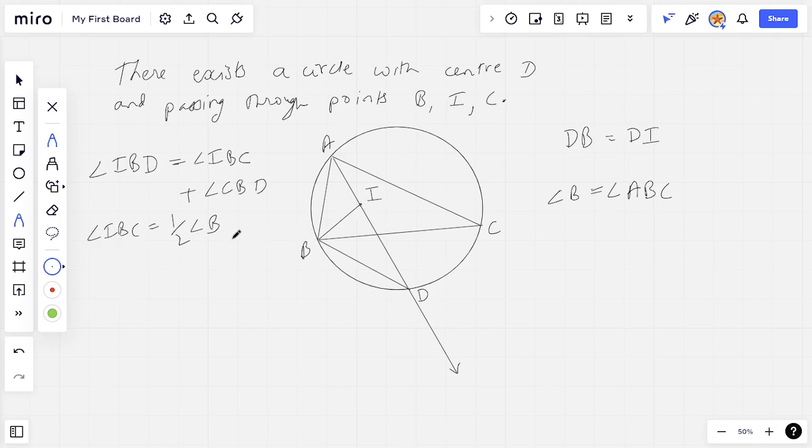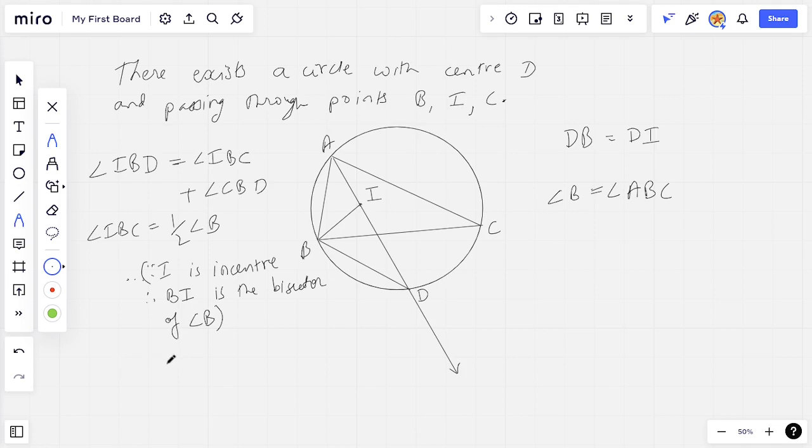Angle IBC is equal to half angle B, because I is the incenter, therefore BI is the bisector of angle B. So angle IBC is half angle B, because BI bisects angle B, as I is the incenter.